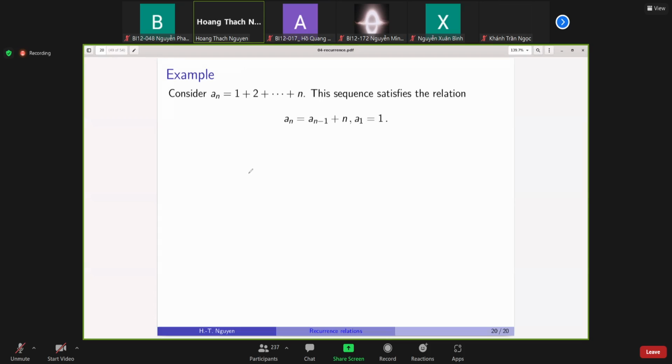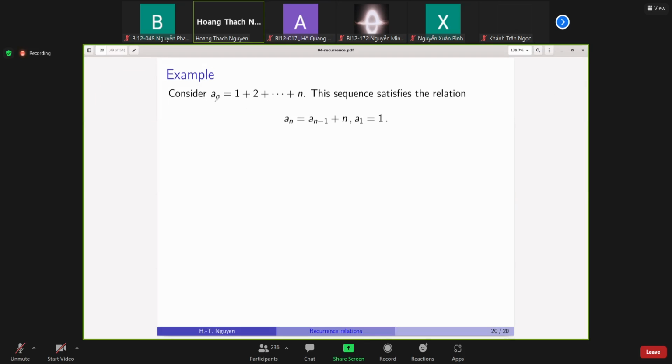So here, let's look at this theorem in action. Now, you know this sequence, right? You all know the formula for the general term of this sequence: it is n times n plus 1, divided by 2. But now we will try to find this formula, not by the method that you are used to, but by looking at this under the view of linear recurrence relations.